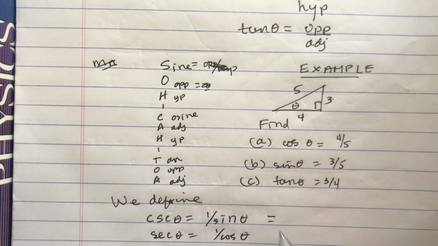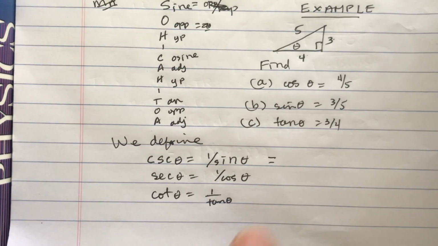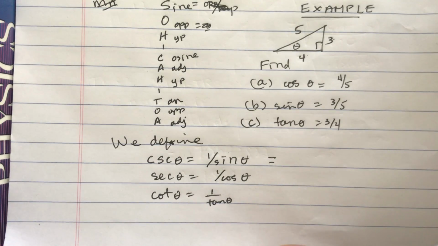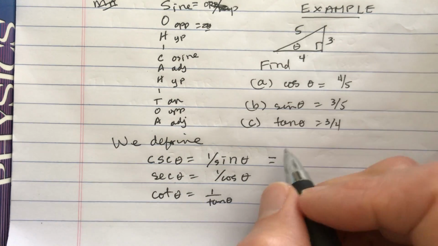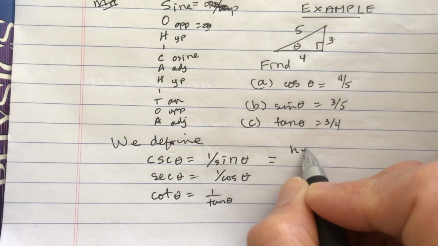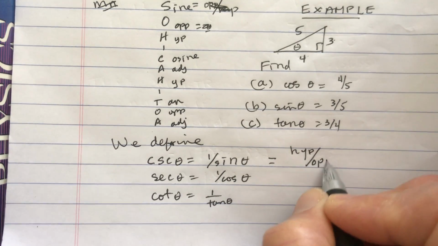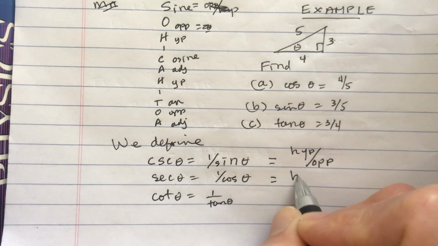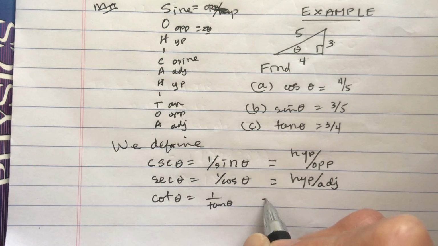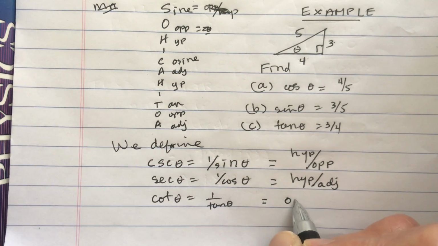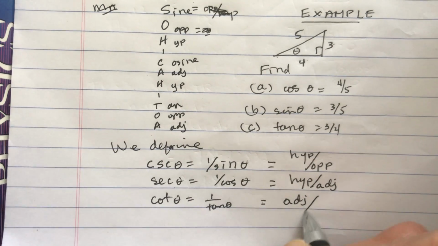Some people, probably the book that I'm using is OpenStax's book, wouldn't say they say this is an identity, but you could define these functions this way. But if that's true, cosecant is hypotenuse over opposite, secant would be hypotenuse over adjacent, and cotangent would be adjacent over opposite.